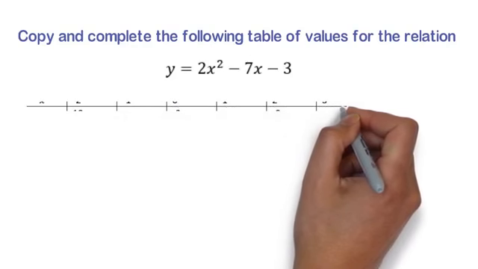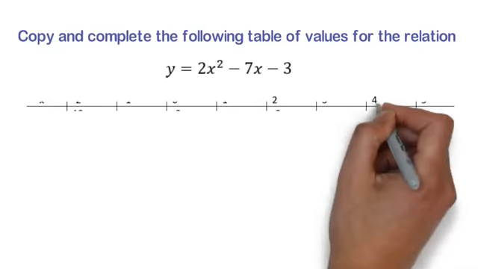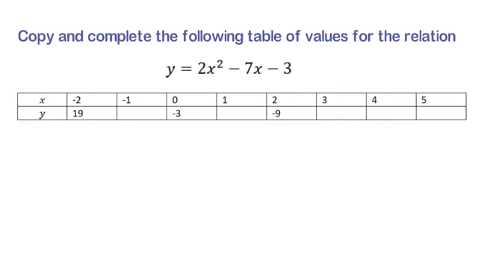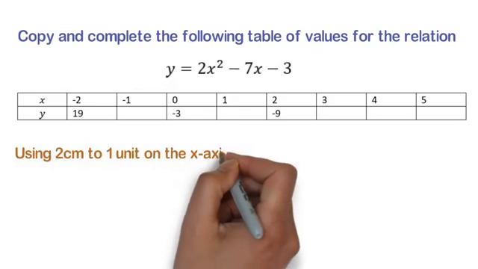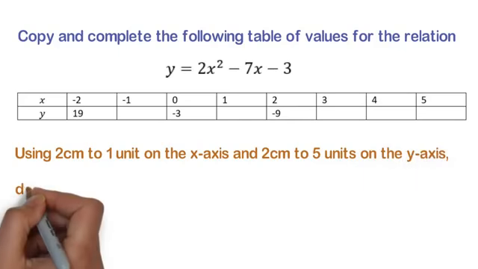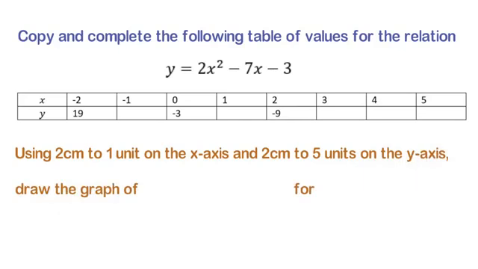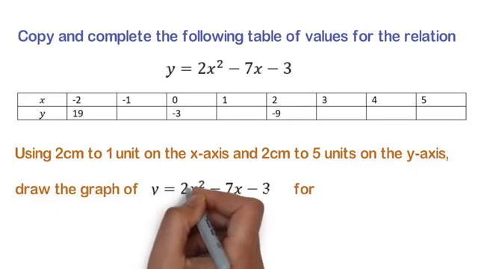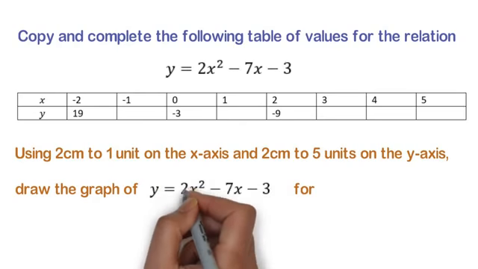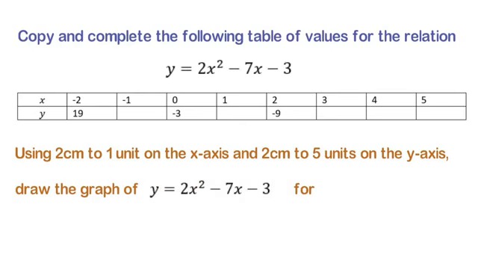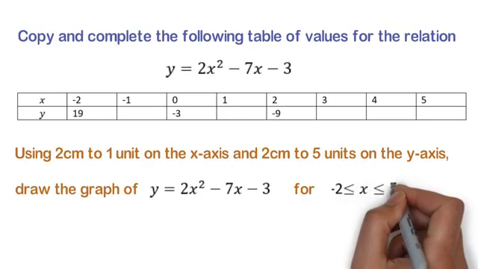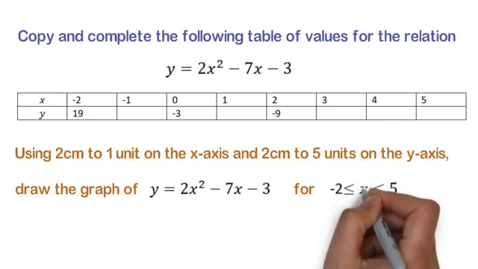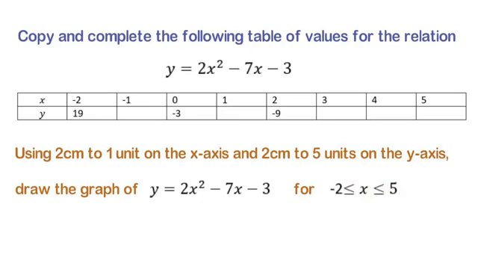Copy and complete the table of values of the relation y equals 2x squared minus 7x minus 3. You see we have an incomplete table, x ranging from -2 to 5, using a scale of 2 cm to 1 unit on the x-axis and 2 cm to 5 units on the y-axis. Draw the graph of such relation.